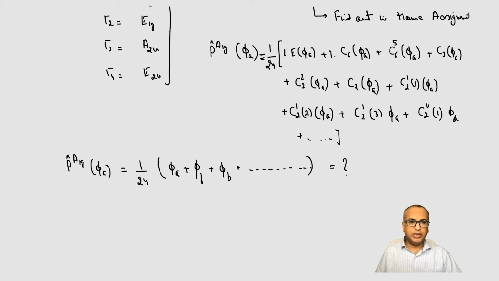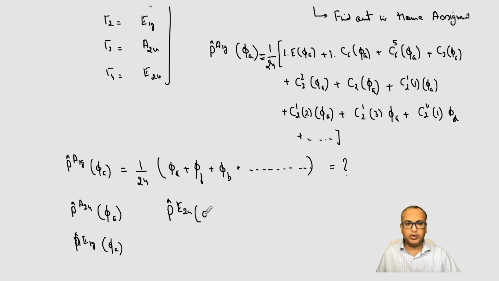Okay. Now similarly, you have to calculate the projection operator of A2U on phi A, then the projection of E1G on phi A, and the projection of E2U on phi A. Of course, these values will be the actual, or we can say, let me just correct this.